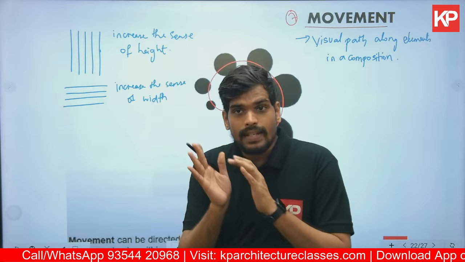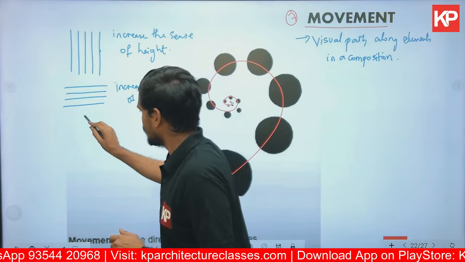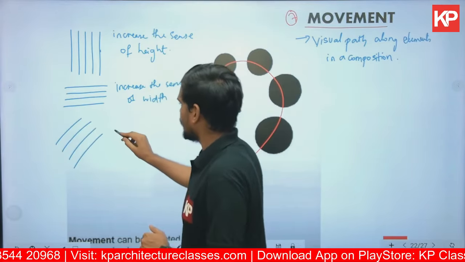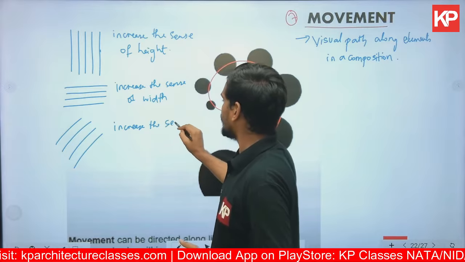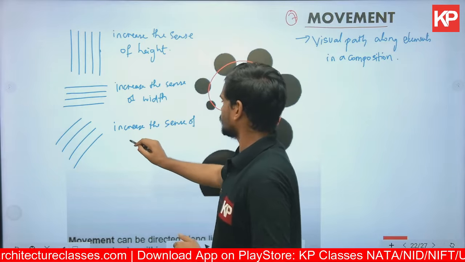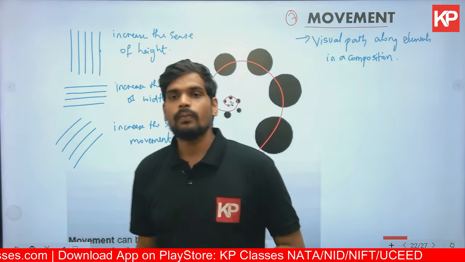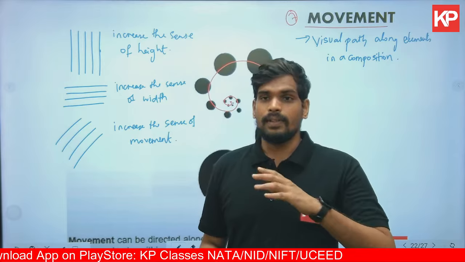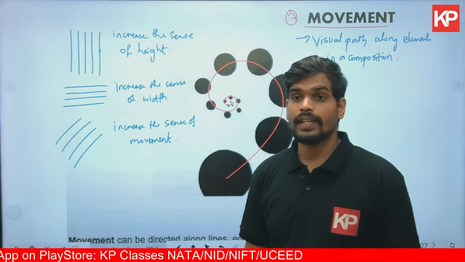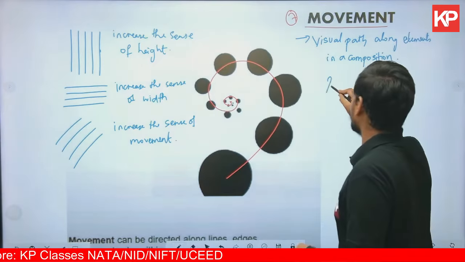Similarly, when you use diagonal lines in any design, that will create visual movement. Diagonal lines will increase the sense of movement. Why so? Because they are not stable. Now remember one more term associated with movement: static.